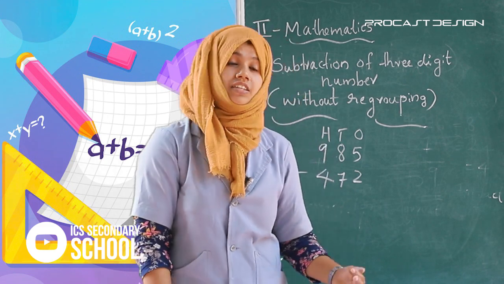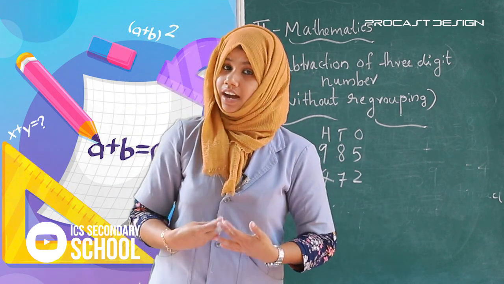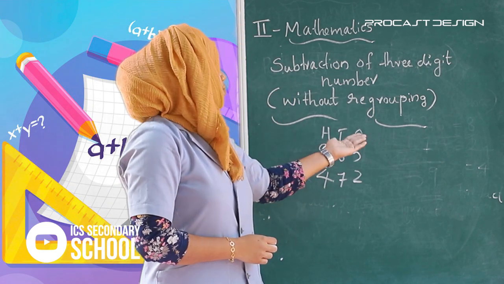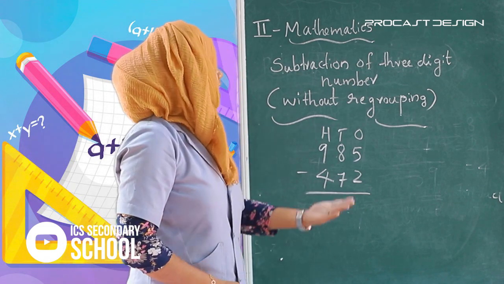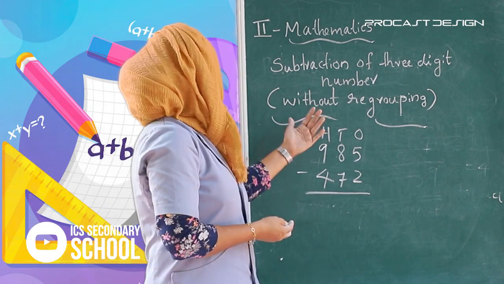In a 3-digit number there is a new place, the hundreds, along with ones and tens. So, here is the subtraction of 3-digit numbers without regrouping.